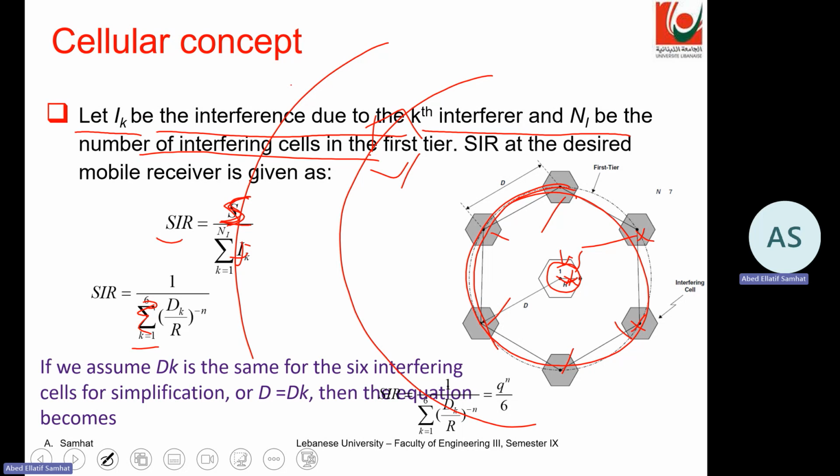In this case, because we have the same propagation loss and so on, we can find this relation according to the nature of the environment. You know that, we already did this in digital communication, the propagation is typically proportional to 1 over d to the power n, where d is the distance and n is the path loss exponent of the environment, according to the environment, for example n equal to 2 for free space.